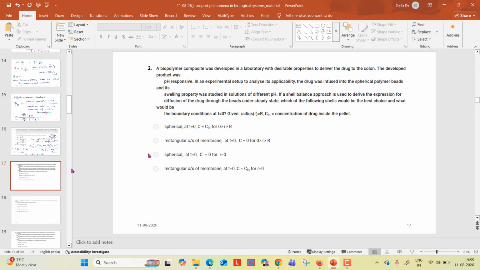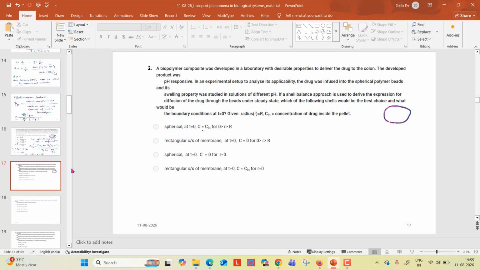So it is spherical, right? So a spherical shell balance approach will be applied. It is said that at t equals 0, the drug is uniformly infused throughout the pellet interior, giving the initial concentration C in for r less than R. So for spherical, at t equals 0, C will be C in.